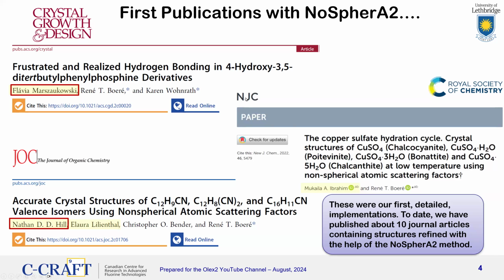The first project was this one here that is shown at the top, the one in Crystal Growth and Design, where a graduate student, Flavia, made a whole series of compounds and grew crystals, and then I did most of the crystallography. She learned to do some crystallography at the time, and I kind of talked her into trying out NoSpherA2 since we had time on our hands, and she agreed to do that.